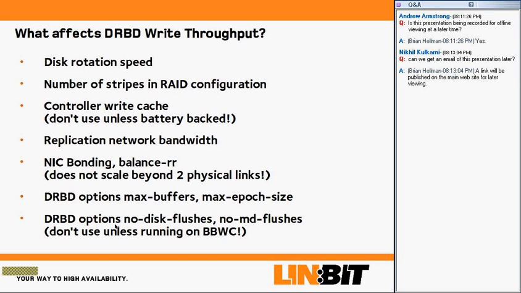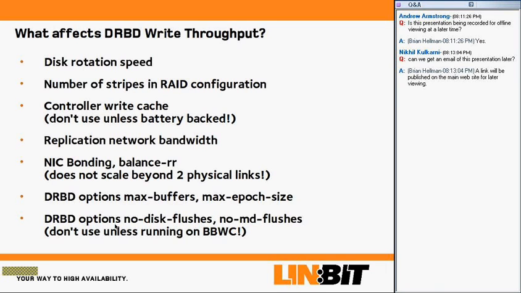Your controller write cache, again, is a great latency minimizer. Again, I want to reiterate and stress, don't ever use a controller write cache in write-back mode unless it is, in fact, battery backed. And if it allows you to automatically switch back to write-through if the battery dies, do use that option. Replication network latency is another factor.